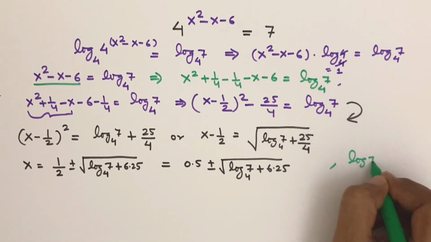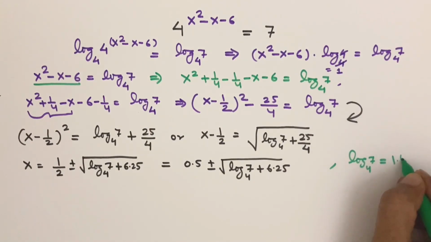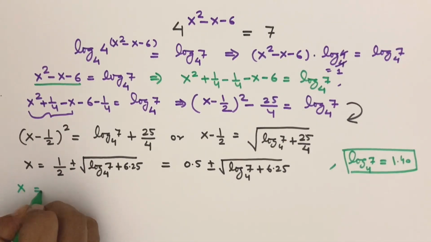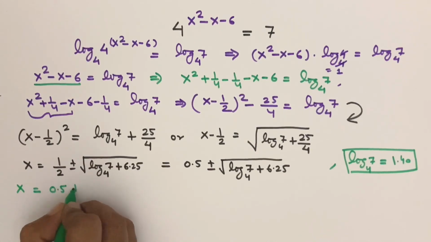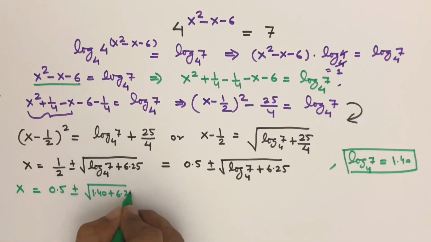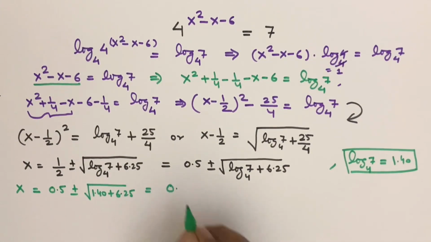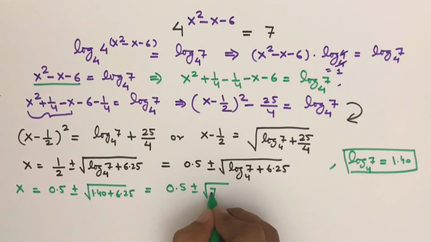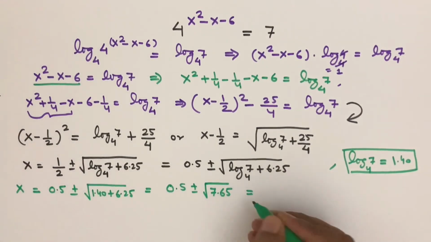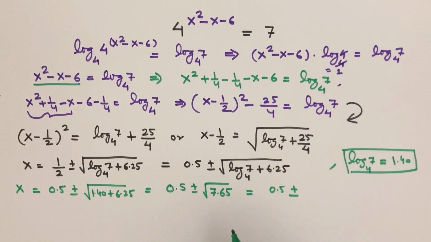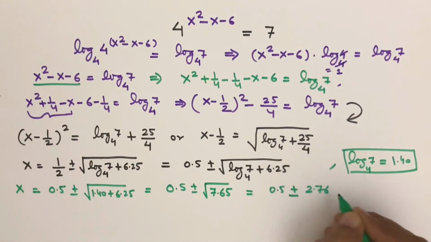As log 7 base 4 is equal to 1.40, this equation becomes x equals 0.5 plus or minus square root of 1.40 plus 6.25, which is 7.65. So it equals 0.5 plus or minus square root of 7.65, which is 2.76.